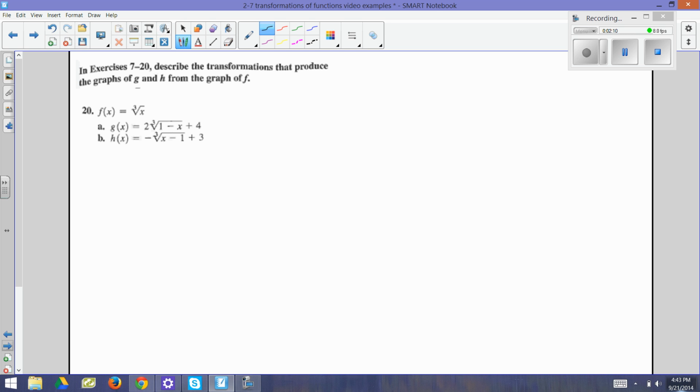The next transformation, let me rewrite this as 2 times the cube root of negative x minus 1 plus 4. If I write it that way, it's really the same thing.